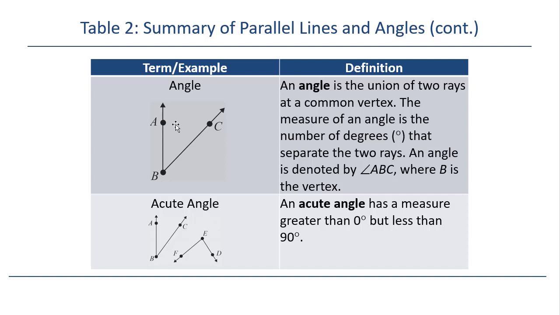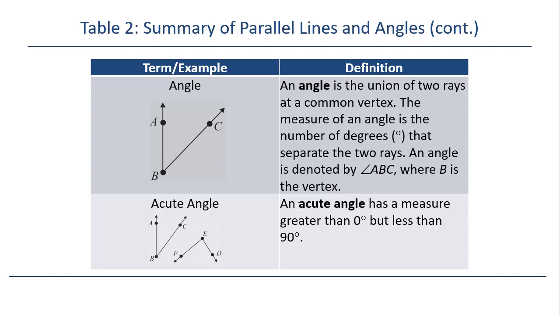So we put a point on each ray, and then of course we have a point for the vertex, and we call this angle ABC. We could also call it angle CBA. You can go in either direction, but you do have to go in order. You wouldn't call this angle ACB, okay? So when you see angle ABC, you always know that B is the vertex.